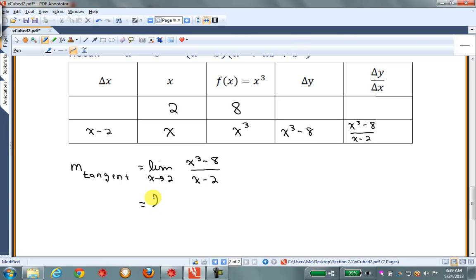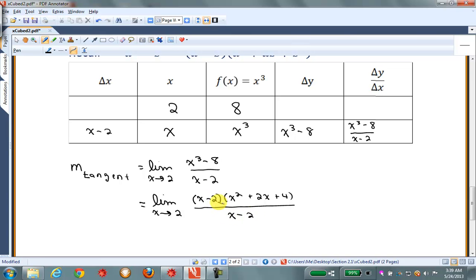Using our formula, with x playing the part of a and 2, since 8 is 2 cubed, playing the part of b, this factors into x minus 2 times the square of x plus the product of x and 2 plus the square of 2, all over x minus 2.